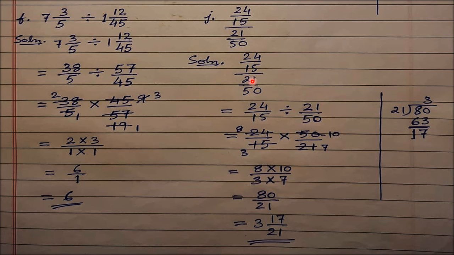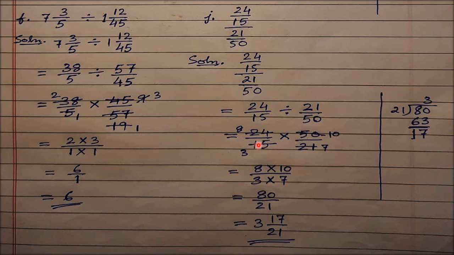So we will write 24 by 15 divided by 21 by 50. Very simple. Okay, now 24 by 15 multiplied by the reciprocal of 21 by 50, which is 50 by 21. So as soon as you change the division sign to a multiplication sign, we have to write the reciprocal of the divisor at that step. Then think of cancellation.